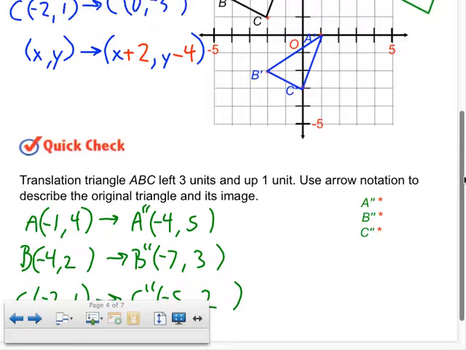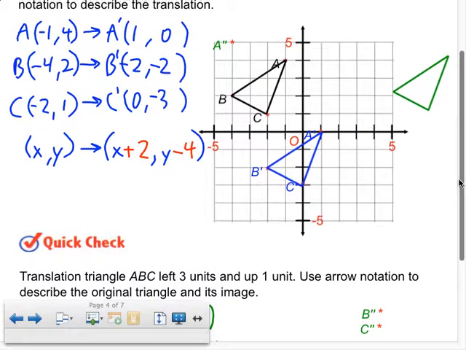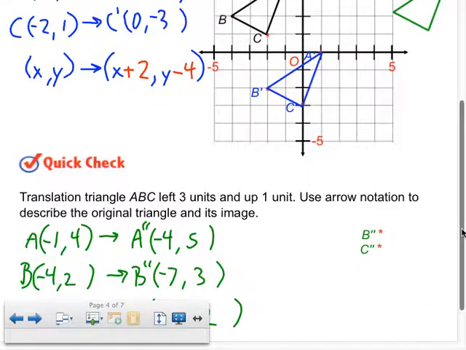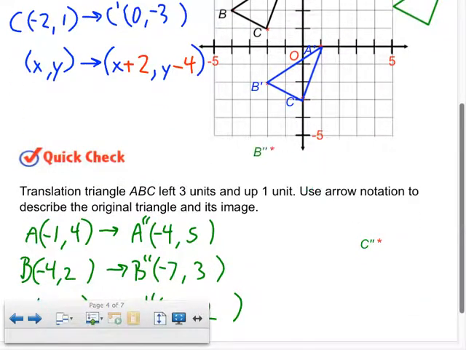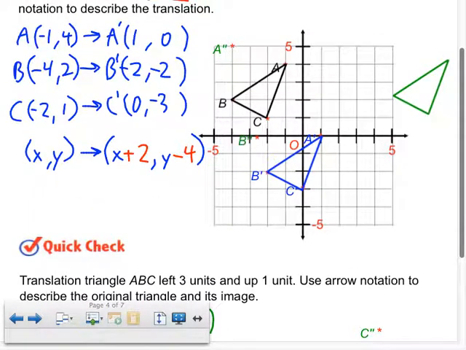So A is supposed to be -4 and 5. So 1, 2, 3, 4, and then 5. And actually point B is going to be off of my grid. I didn't make my grid. So at -5, I'm going to estimate 1, 2, and then it said how many units?